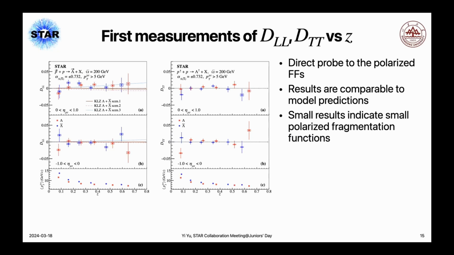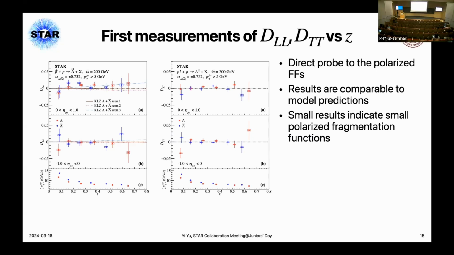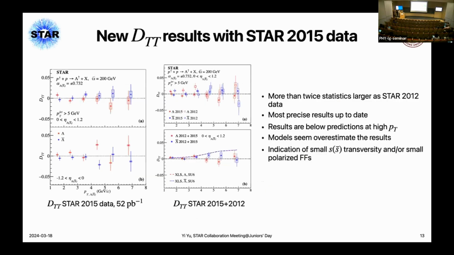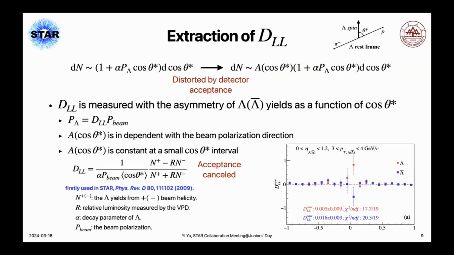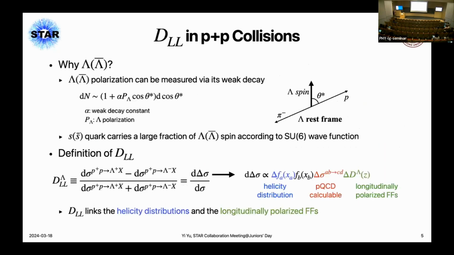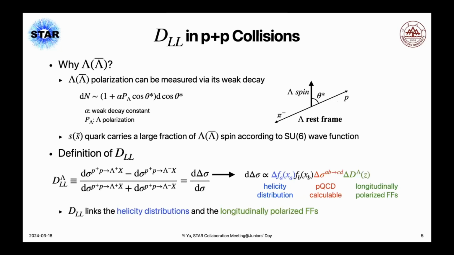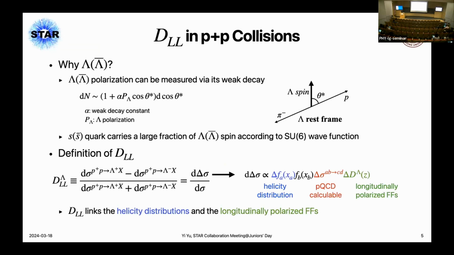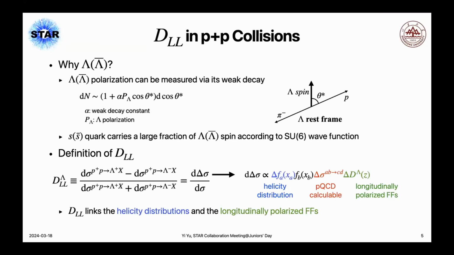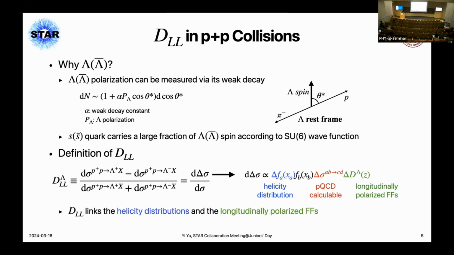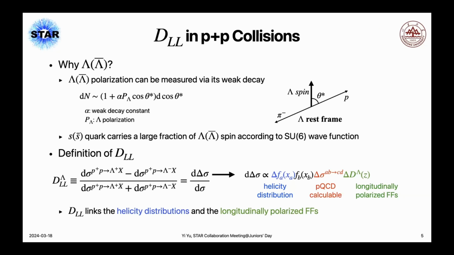How did you determine the theta star? What's the definition? The theta star here is defined as the angle between the polarization direction of the lambda and the momentum direction of the proton in the lambda rest frame. So in the experiment, we need to know the polarization direction, the spin direction of the lambda.